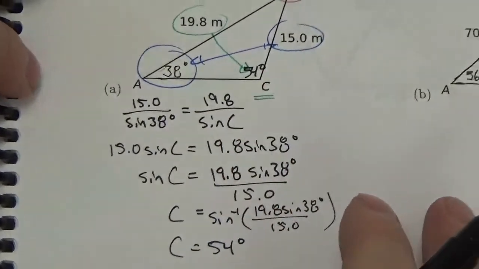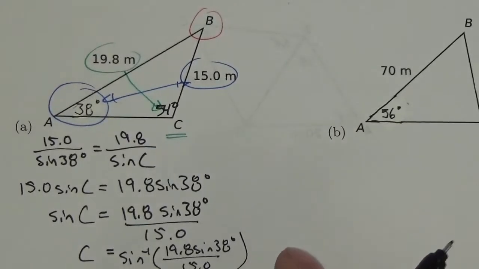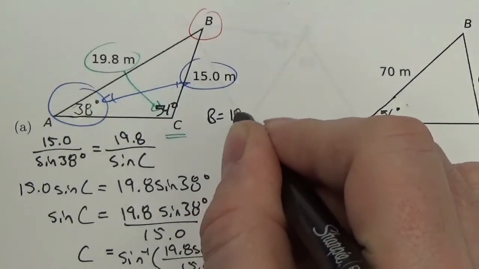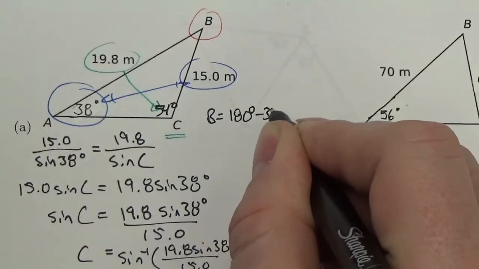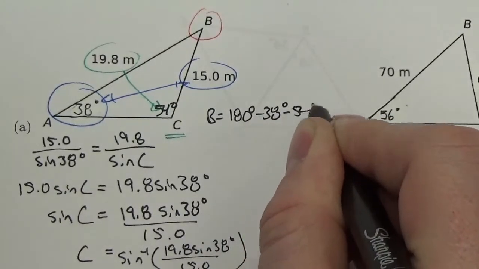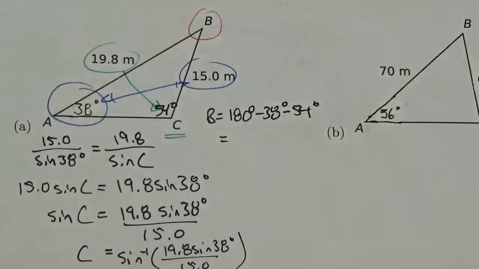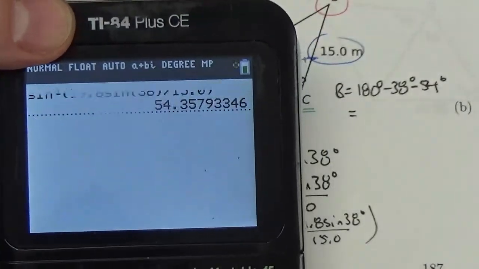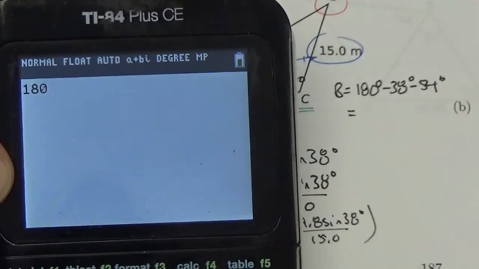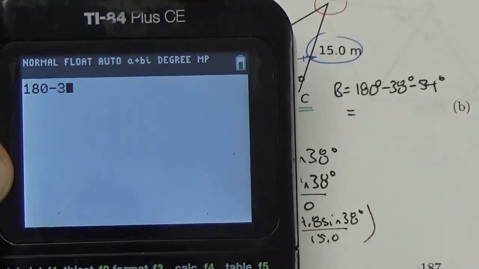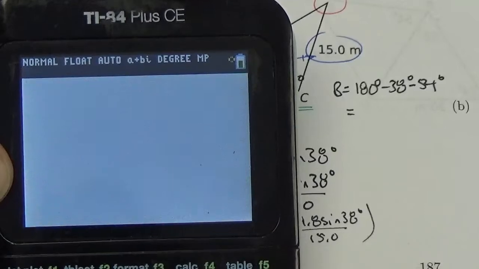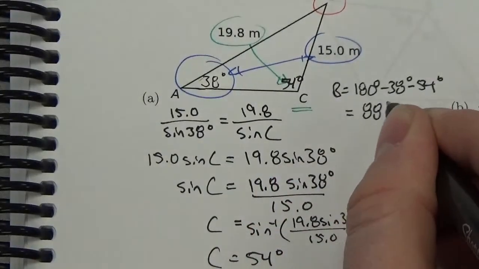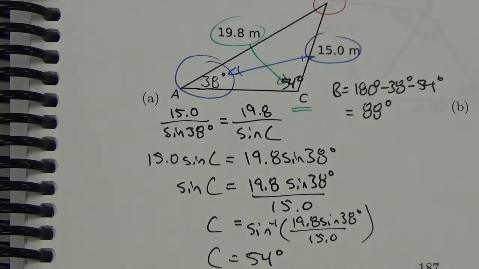Well, I know that the sum of the angles in a triangle has to be 180. So to get B, I can take 180 degrees, minus the 38 that I was given, and then subtract the 54 that I just figured out. So 180 minus 38 minus 54 is 88. So I know that B is going to be 88 degrees.